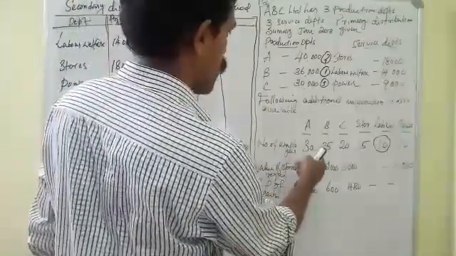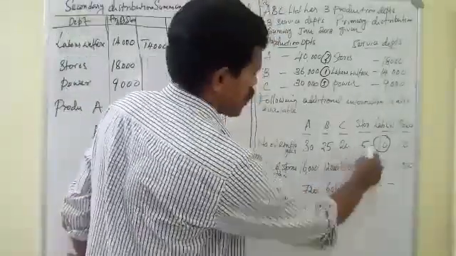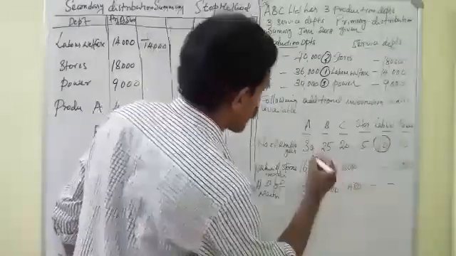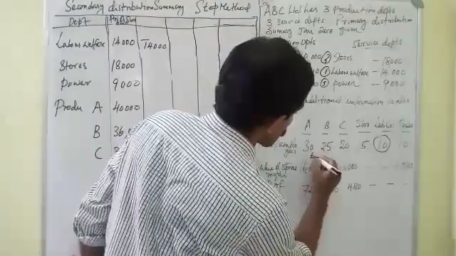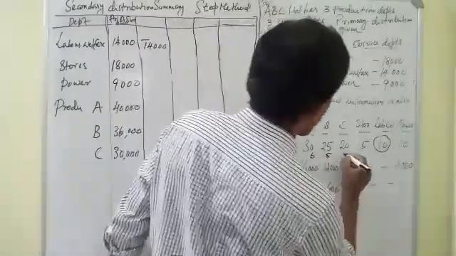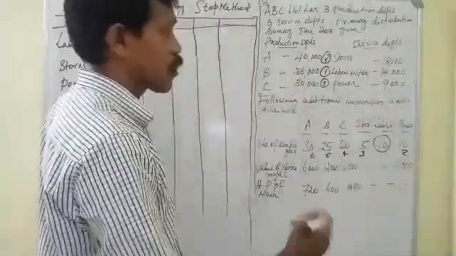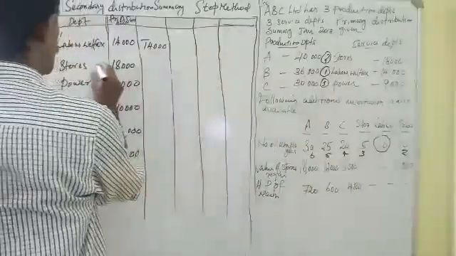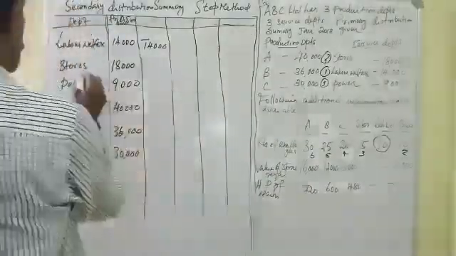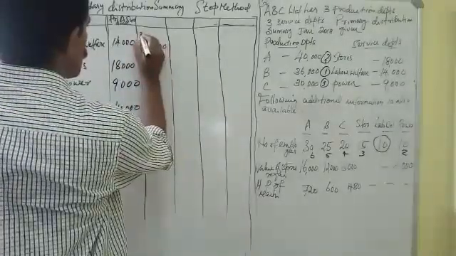We know our first department is the stores department. Then we can divide all these by 5. Then in place of this 30 we get 6, this is 5, this figure is 4, this figure is 3, and then this figure is 2. Then I am going to write these figures here. For this stores department, their proportion is 3.